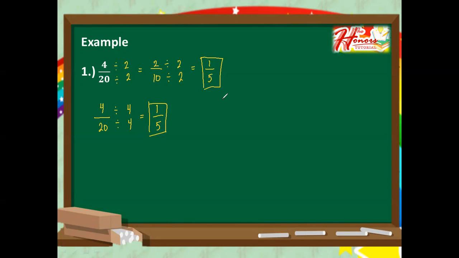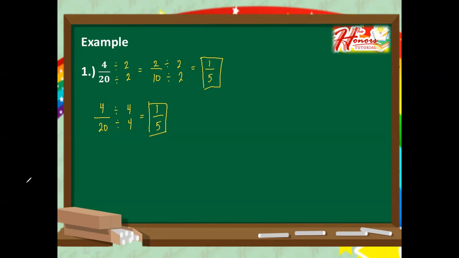It will consume time. But unlike this one, we use the biggest possible number that can divide 4 over 20, then we get into the final answer easily. That's the difference between the two.